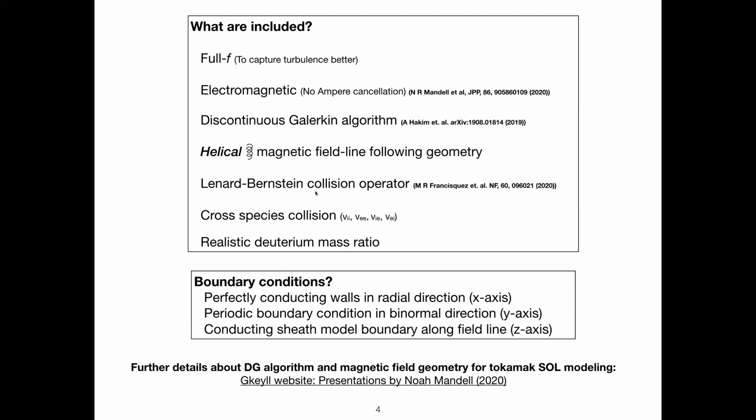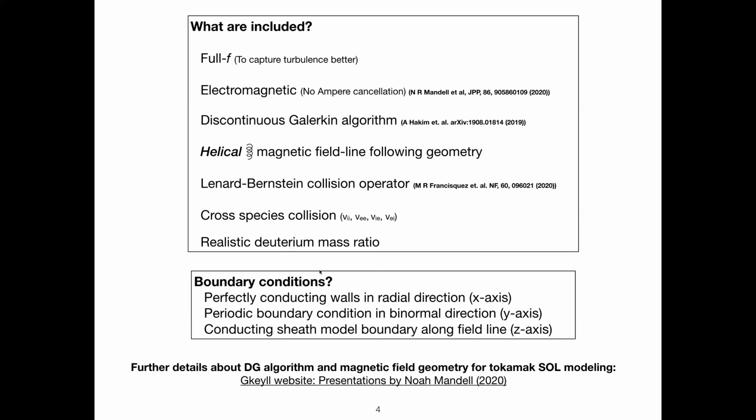We use the Lenard-Bernstein collision operator with intra- as well as inter-species collisions between ions and electrons. Further details about the implementation of the collision operator are documented in the paper by Mana Francisquez in Nuclear Fusion in 2020. We use a realistic deuterium mass ratio for our entire simulation.